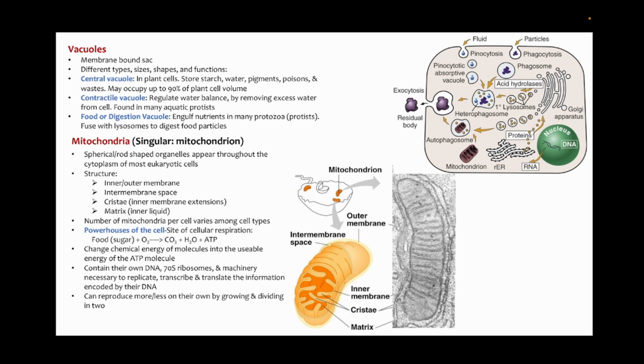Once it has the digestive enzymes, you can term it a lysosome, and of course, the function is to break down macromolecules, to destroy potential predators, pathogens, and also to digest food. This is the function of the lysosome.